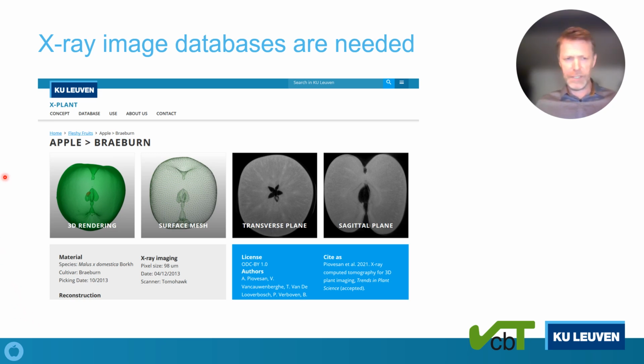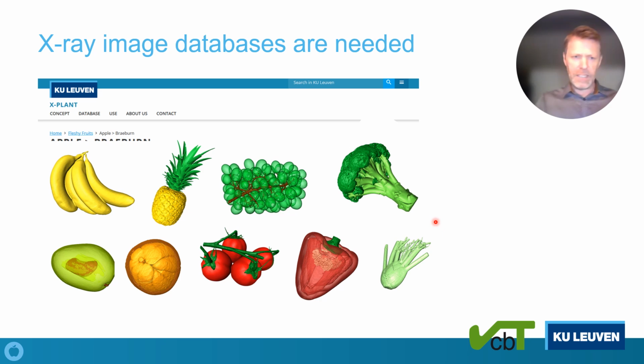Here's an example of a data set of apple, where we not only give you the final processed images that can be used, for instance, for modeling, but also the original data, so you can start with your own image processing on them. And as I said, we have them for quite a wide range of materials now available, and we hope to expand it also in the future.